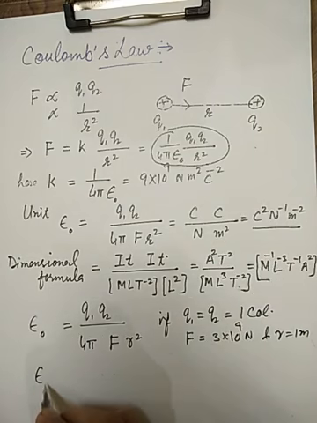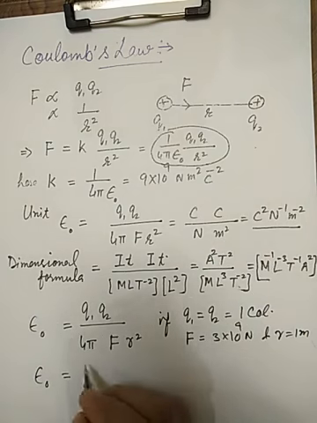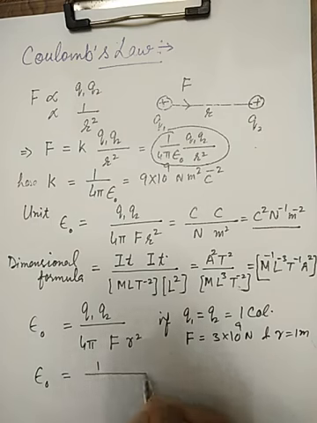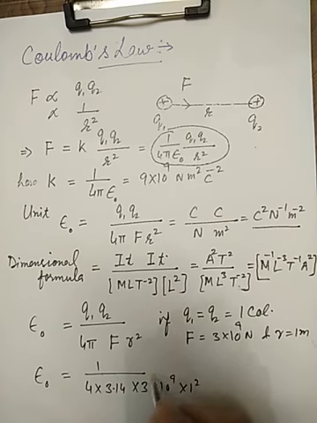Then epsilon naught equals 1 coulomb square divided by 4 pi, where 4 pi is 4 into 3.14, into 9 into 10 to the power 9 into 1 square.